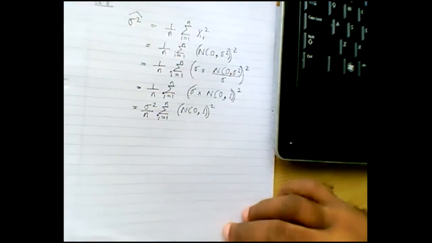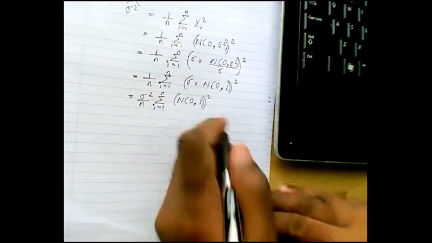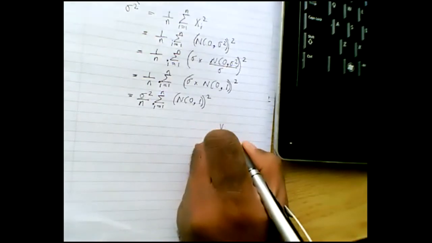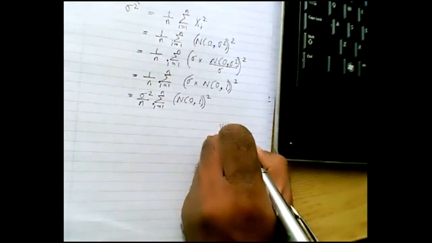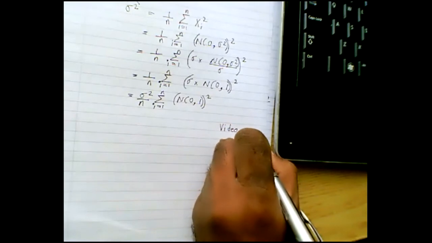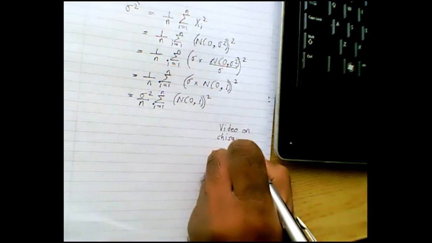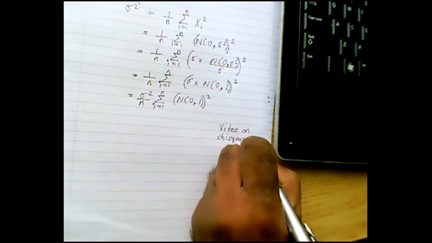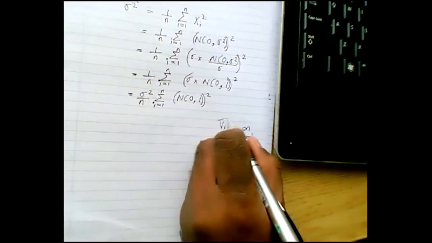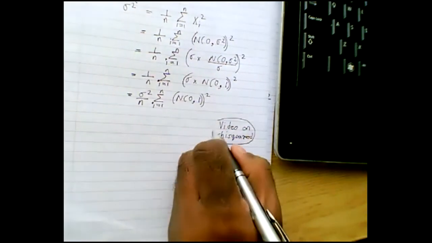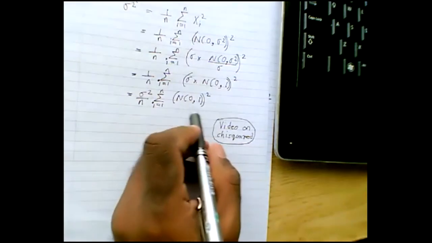All right, now let me check your memory. You may recall that when we did this some time ago, if you look at the video on the chi-squared distribution, which I did some time ago, in that video, I gave a property of this.